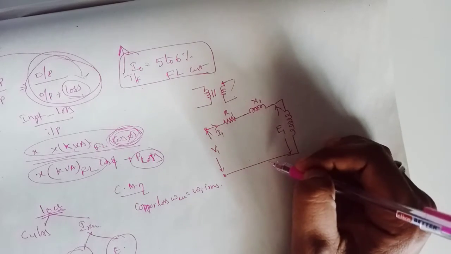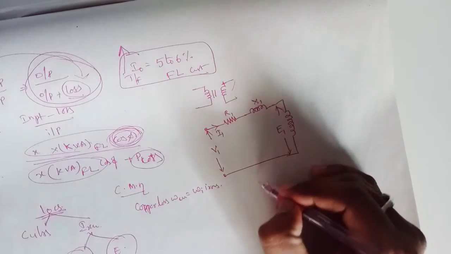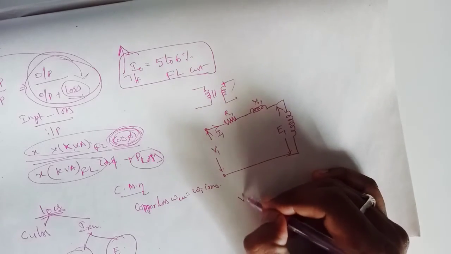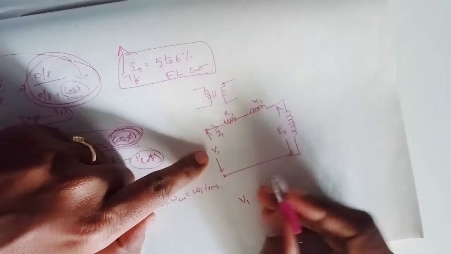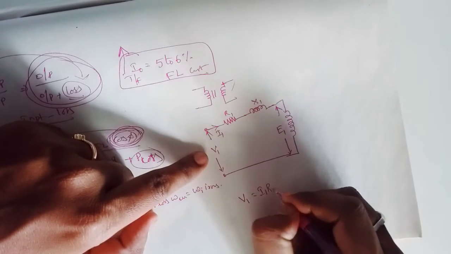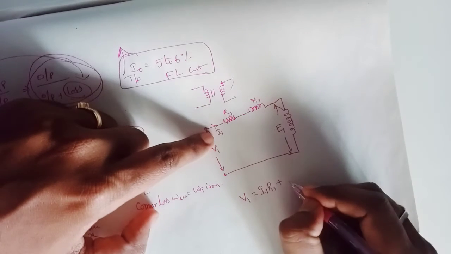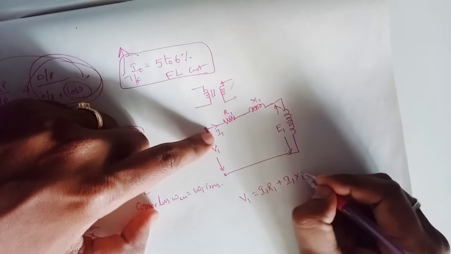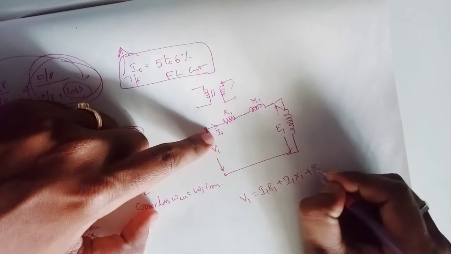From this you get a general equation: V1 = I1 R1 + I1 X1 + E1.